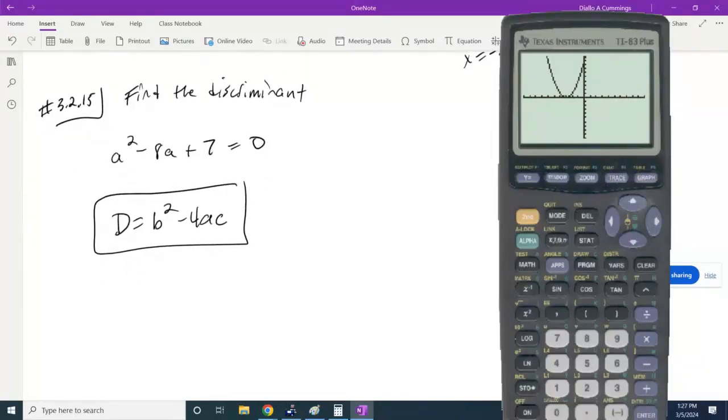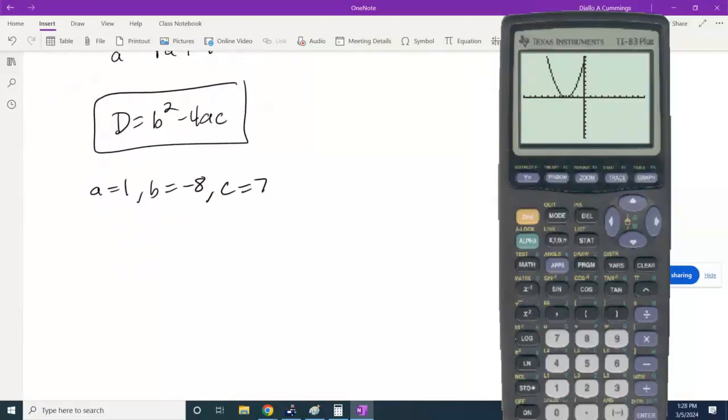So just like when we were using the quadratic formula, we're going to pull out the coefficients. So a is the coefficient of your squared term. B is the coefficient of your first degree term. So remember, you have to take the number as well as its sign. And then c is your constant. So I'm just going to dump all of this stuff into the discriminant formula.